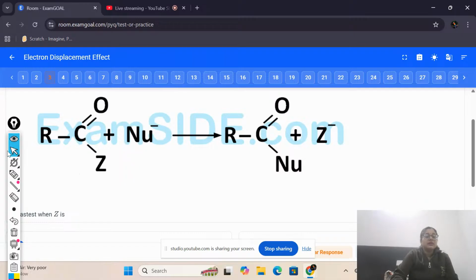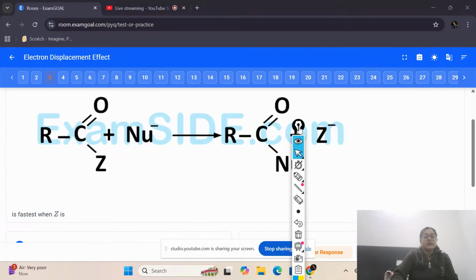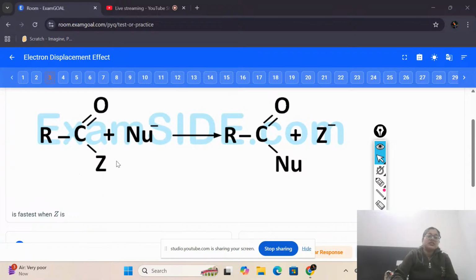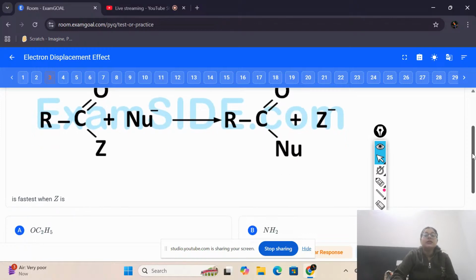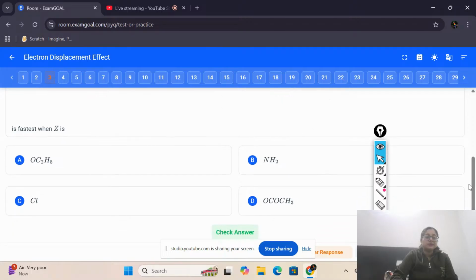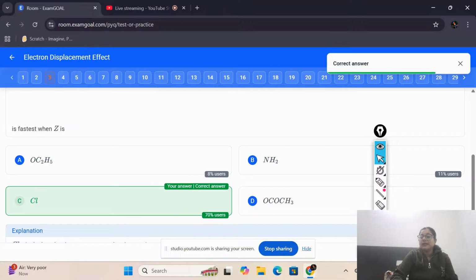So this reaction will be faster when Z is the best leaving group so that the incoming nucleophile can attack and Z can be easily removed. What is the good leaving group among these four? It is chloride. So this is the chloride ion.